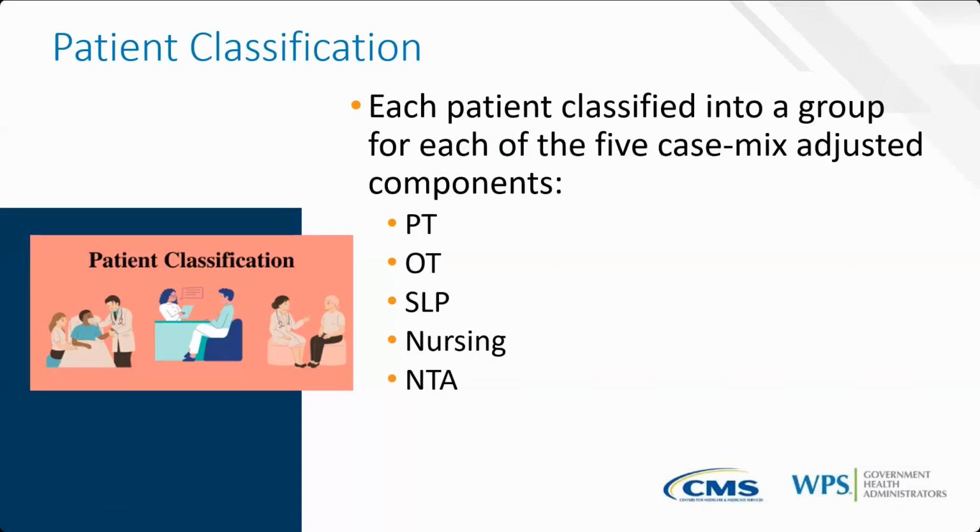There is also an additional non-case mix adjusted component to address the utilization of SNF resources that do not vary by patient. Different patient characteristics are used to determine a patient's classification into a case mix group within each of the case mix adjusted payment components.